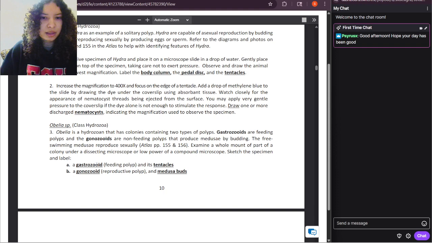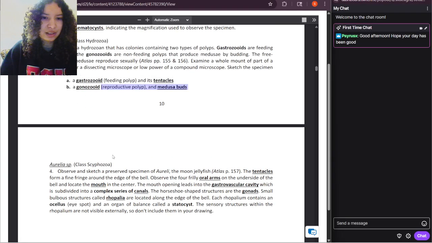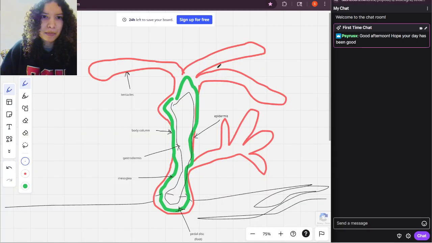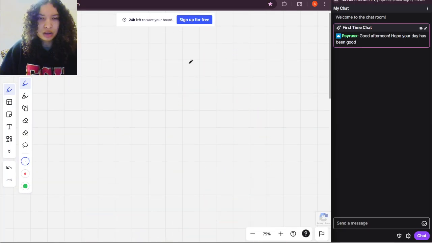So gastrozoid, tentacles, gonozoid. Okay, gastrozoid feeds, gonozoid does not feed. And then scyphozoa. Yeah, this is the last part. Let's look up some scyphozoa and draw it out.